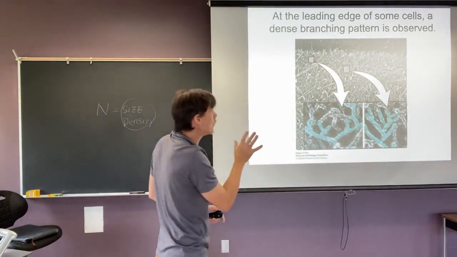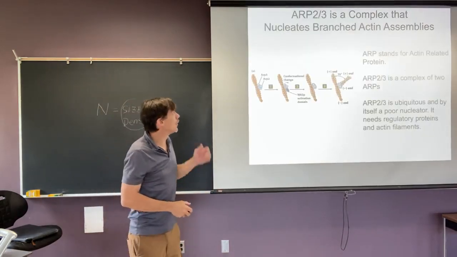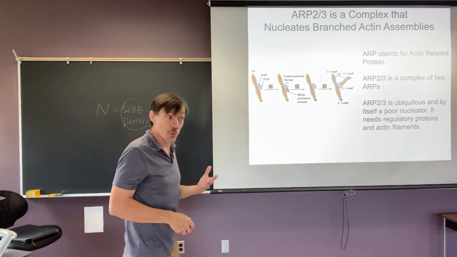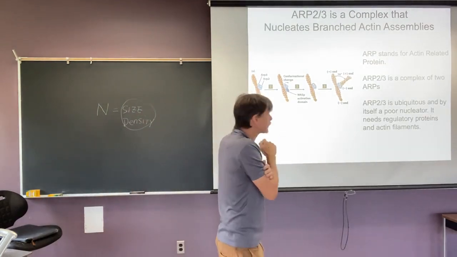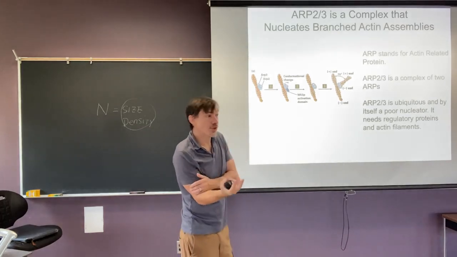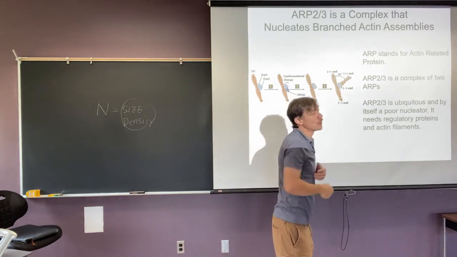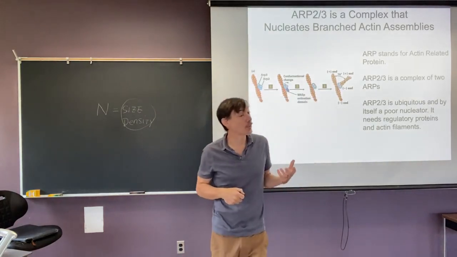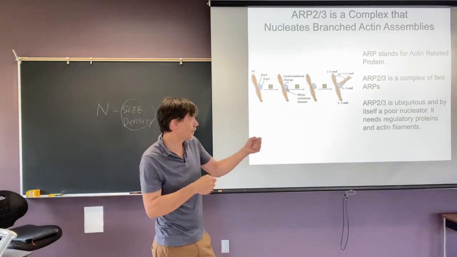So there's this really dense branching pattern, and the protein that is responsible for that is called Arp2/3. Just in terms of its name, Arp stands for actin-related protein. So this is a protein that looks very much like an actin molecule.